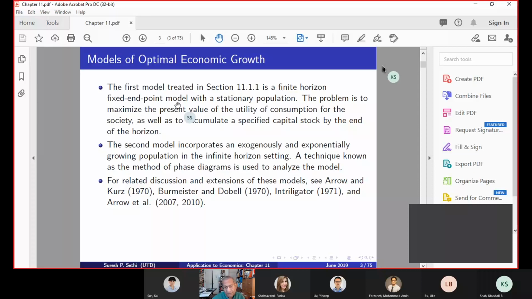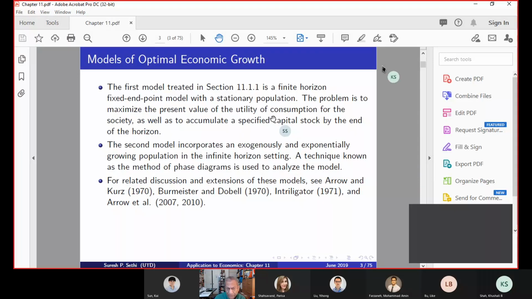The problem is to maximize the present value of the utility of consumption for the society, as well as to accumulate a specified capital stock at the end of the horizon. So I call it a fixed endpoint problem. It could be a free endpoint, but I just wanted to give a fixed endpoint example in the book, because most of our examples are free endpoint problems.